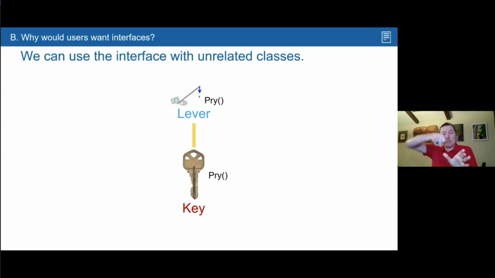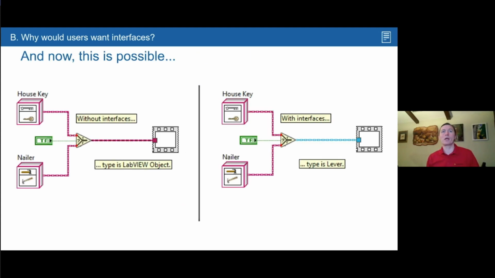All right, I can now use that lever on any number of classes. So I can take a key. It's a really poor pry tool, but everyone's used a key sometimes because it's what's in your pocket to pry something up. So it can be used as a lever. Let's add that to that class. Without interfaces, a house key and a hammer, joining those together, I'm going to get a LabVIEW object because it's the only common type to those two things. And you can't do much with LabVIEW object.